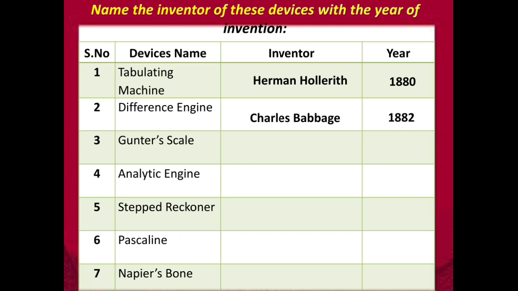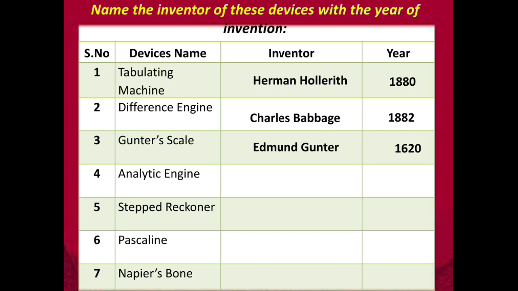The next one is the Gunter scale. This one was invented by Edmund Gunter. In which year? 1620. So in 1620, Edmund Gunter invented the Gunter scale.